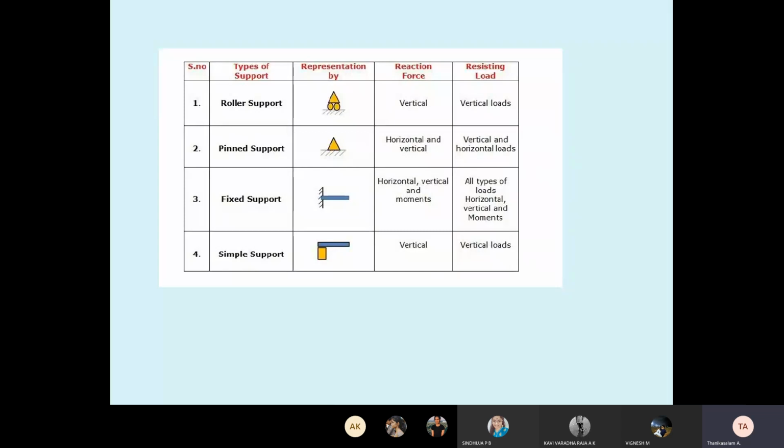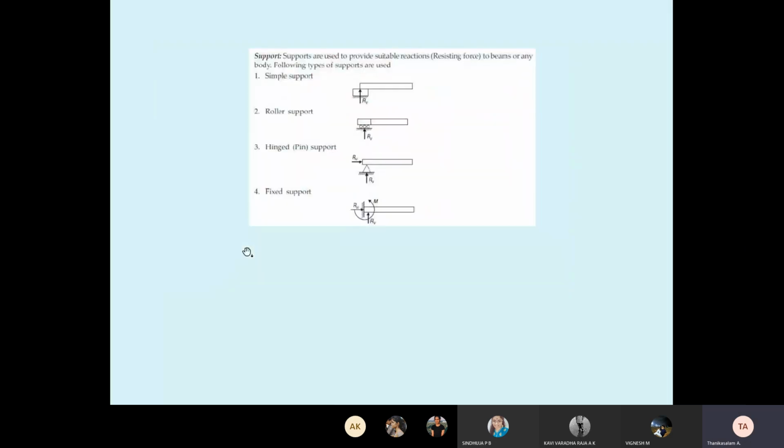Whenever there is a fixed support, it prevents the body in three directions: horizontal, vertical, and rotation. It prevents, so the reactions are three. So roller support has only one reaction, vertical reaction. Simple support is just resting. So roller support, pin support, fixed support, simple support.